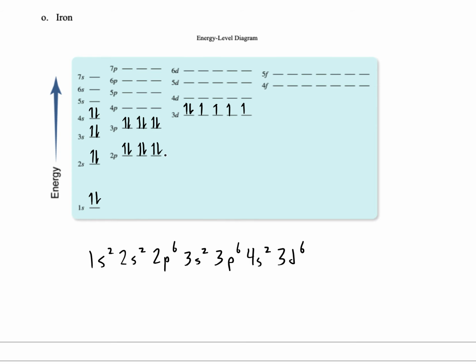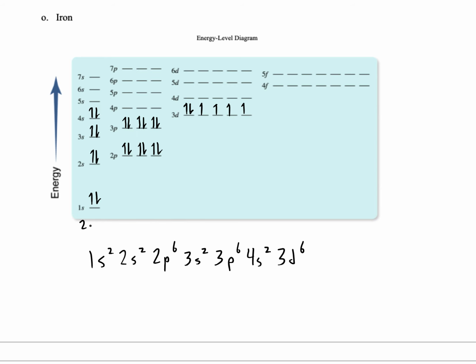Now, as we can see, s types of shells can only hold 2 electrons max. p shells can hold 6 electrons max. d subshells can hold 10 electrons max. And f types can even hold up to 14.